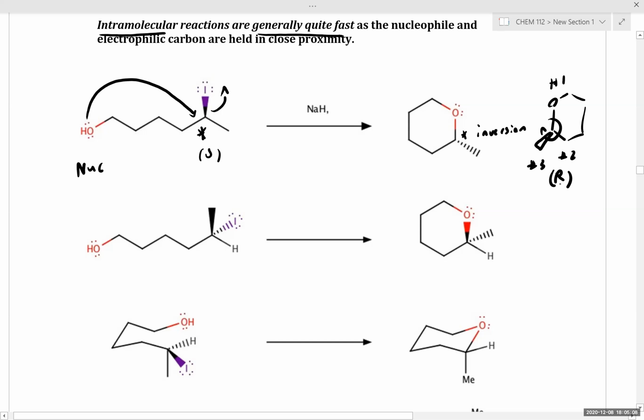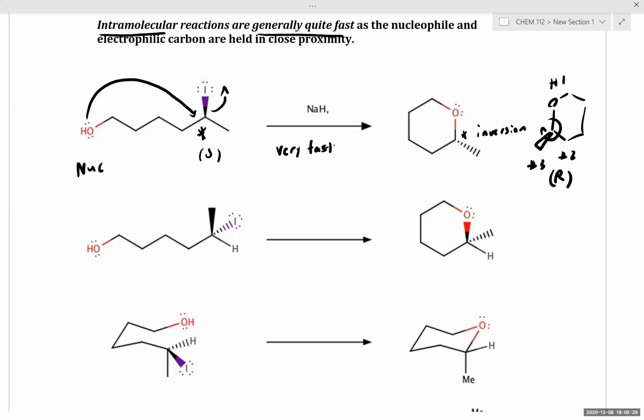So this reaction is very, very fast because rather than having to wait for both of your reactant molecules to collide, you've tethered your nucleophile and electrophilic carbon in very close proximity, and as a result, you observe a very, very fast rate of reaction.